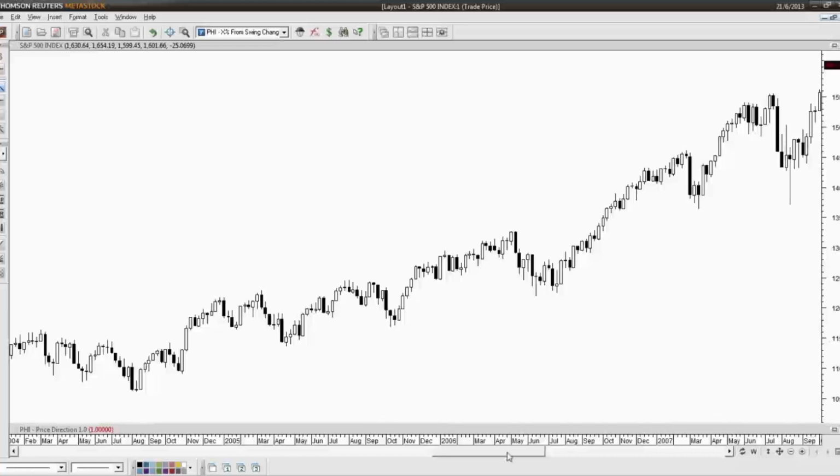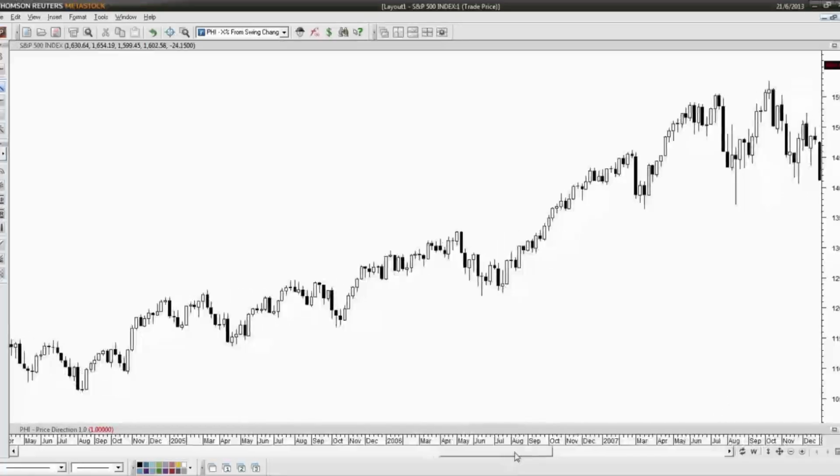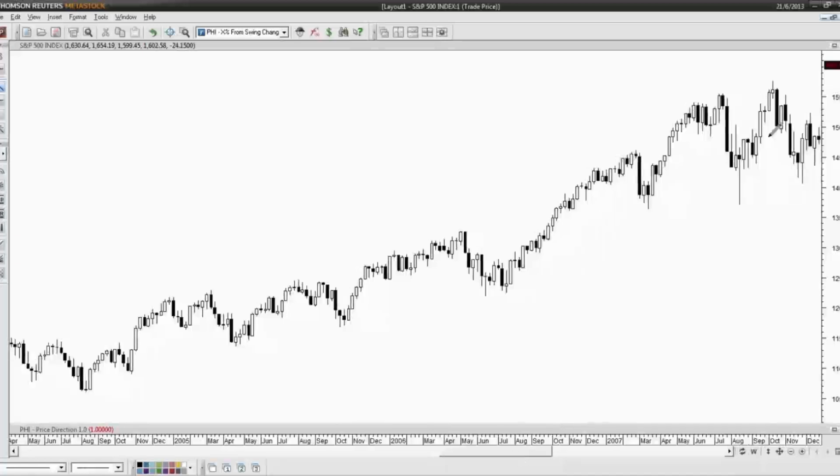The market is going up, then it comes down here, and then it starts going up. So what do we expect it to do here? To break the top here and continue going up.